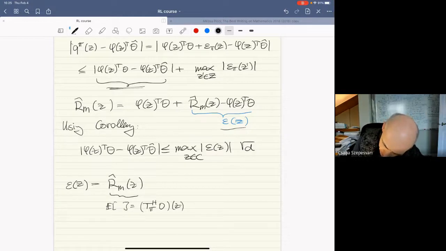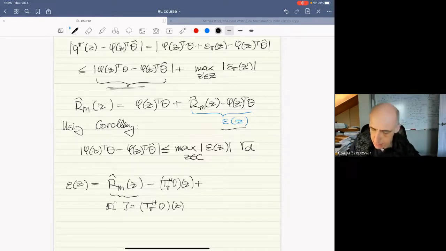So we subtract from this its expected value. And then, well, we have to add it back.